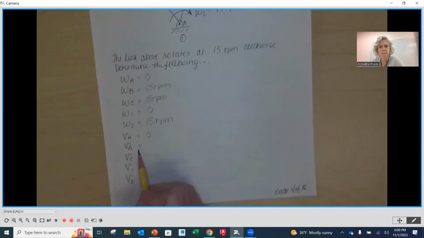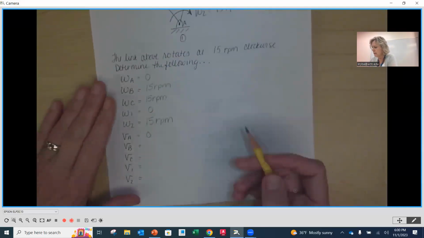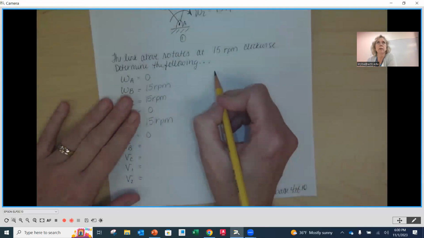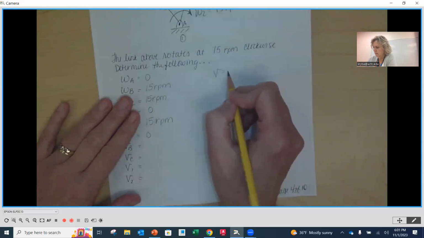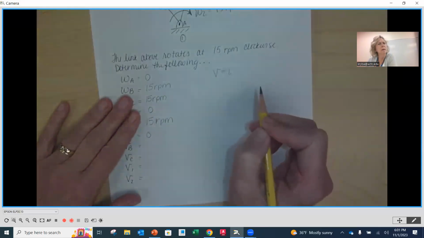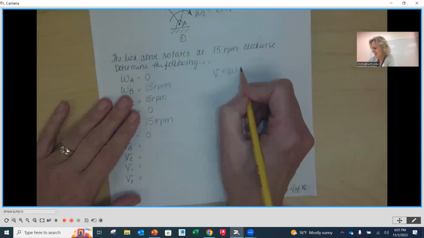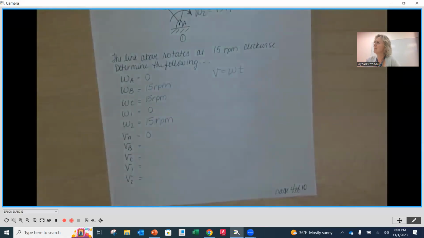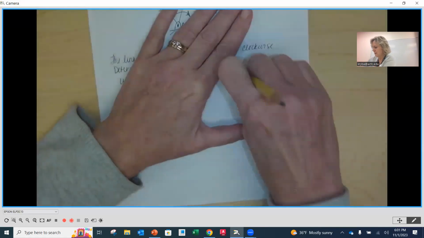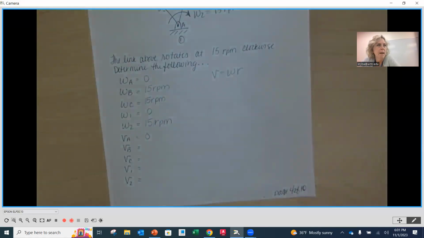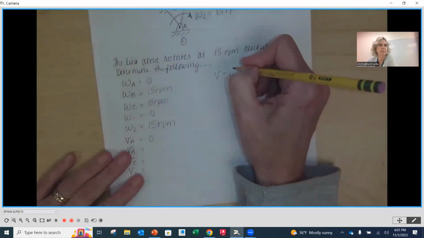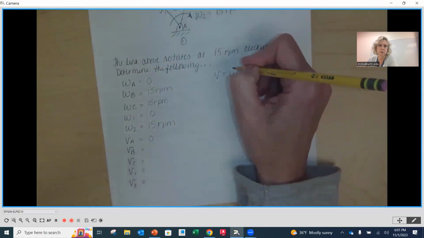Now, calculating it. What's the equation relating the straight line velocity to angular velocity on a rotating link? W times R, yes. Now, if I want to find the velocity, I can't put my 15 RPMs in there, so I have to do my conversion first.